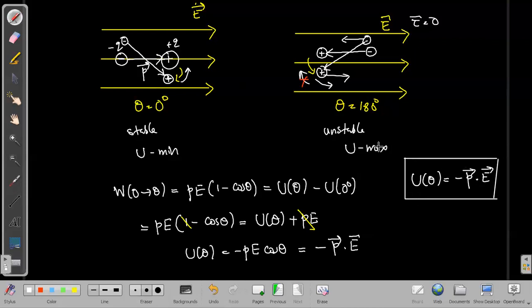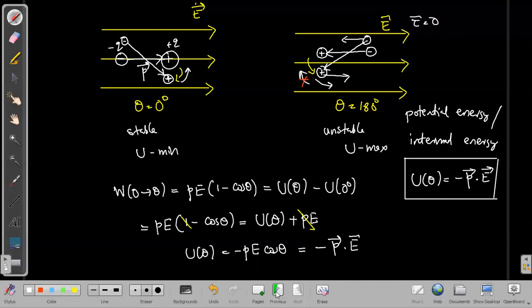Okay, so it is called the potential energy or internal energy. Okay, I think this is a very straightforward derivation to you.